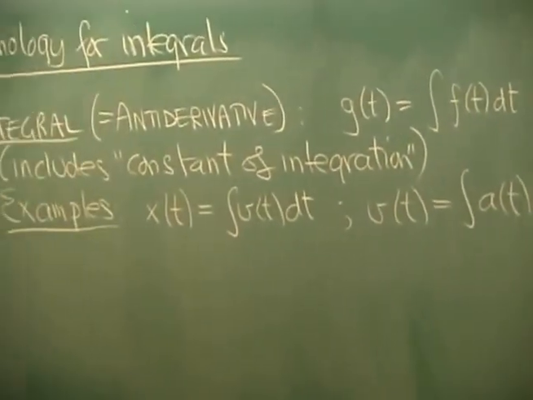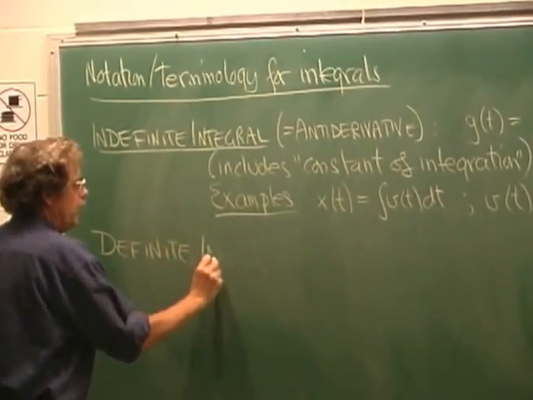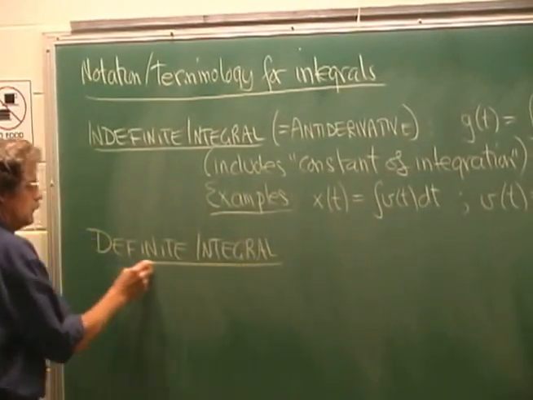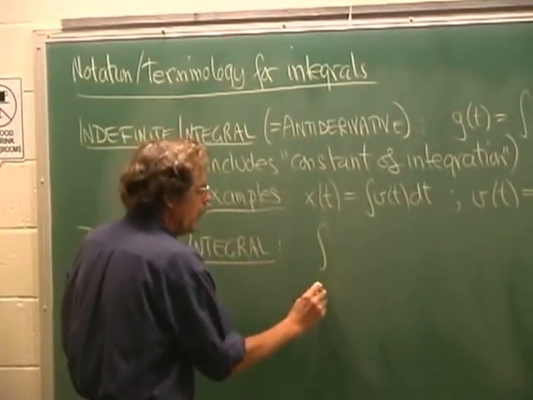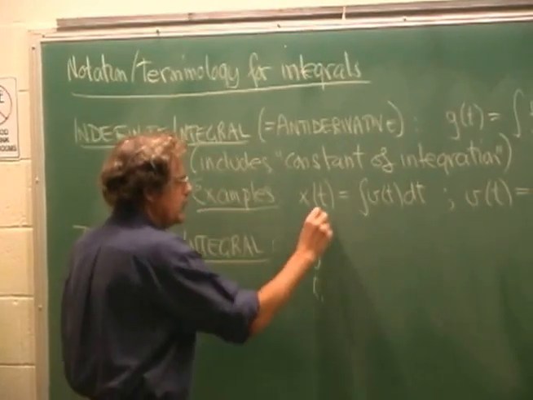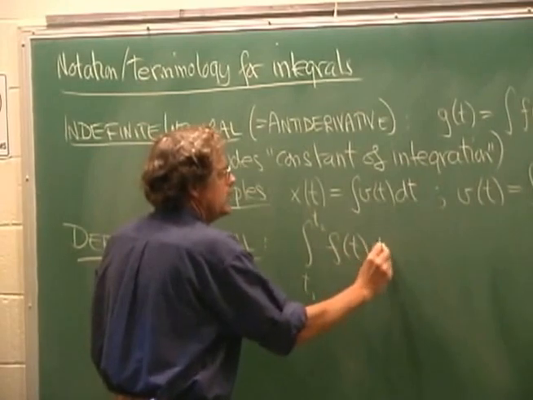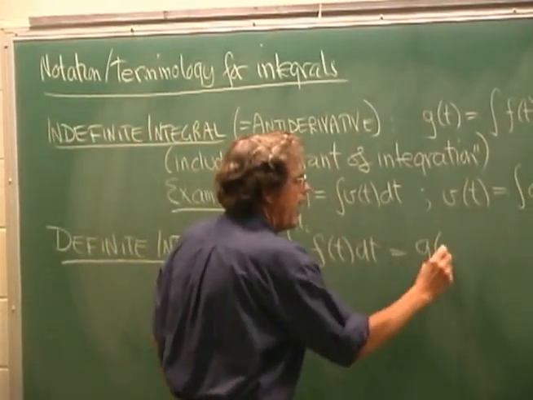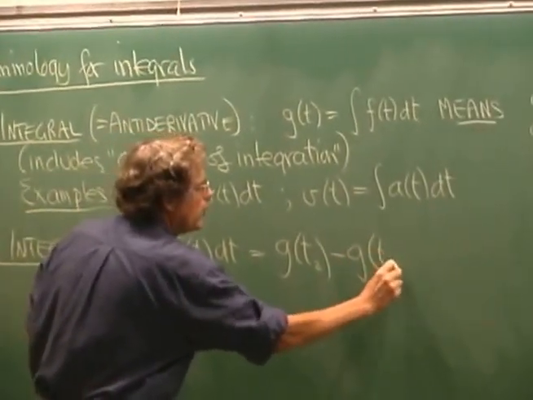The definite integral is the integral now with limits, so-called limits, t1 and t2, of f of t dt. That's nothing but g at the upper limit minus g at the lower limit.